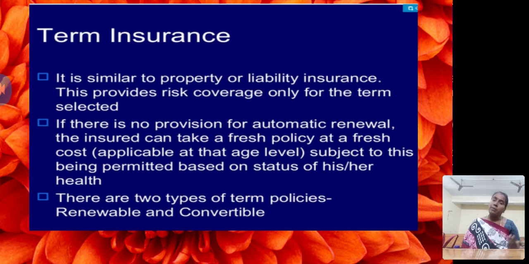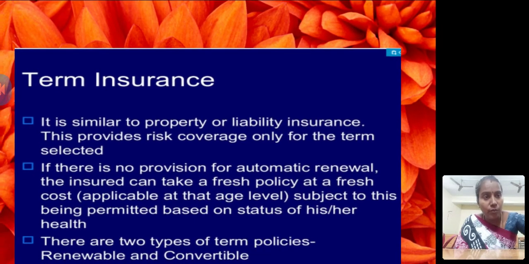Next year if you want to continue the policy, there is no need to purchase the policy again. You renew it by paying some renewal charges. Convertible: term insurance can be converted into whole life insurance. Till you are alive, you can pay the policy, or you can join any types of policies, which comes under convertible insurance.